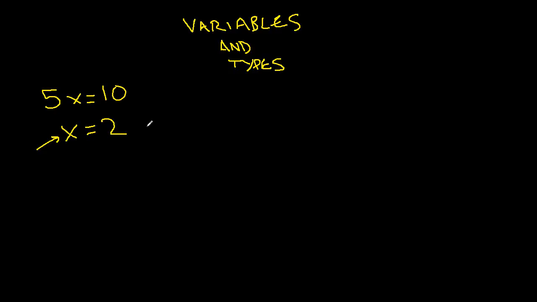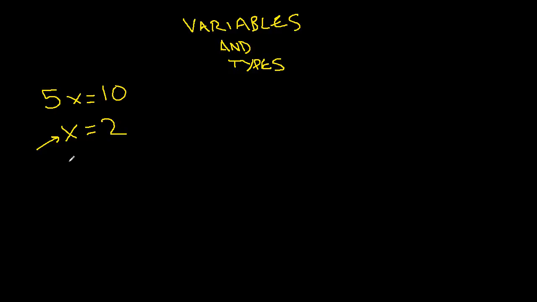In algebra, the idea is to find the variable, solve for the variable. It's essentially the same thing, but it's a different concept in programming. We're not really generally trying to find a variable. We're assigning the variables. We're telling the computer what the variables are, so we're not interested in finding what they are, but it's the same thing.